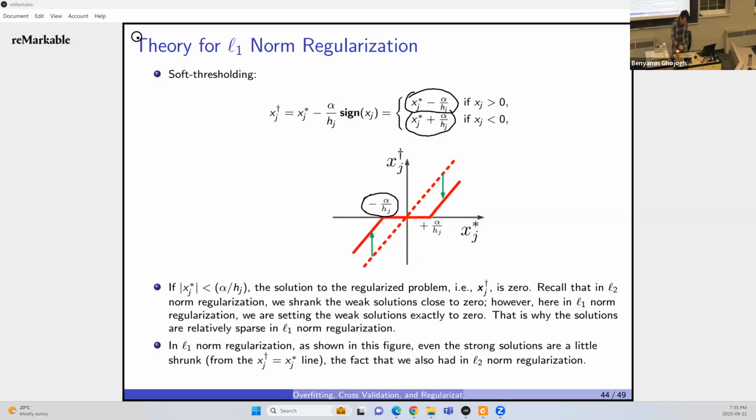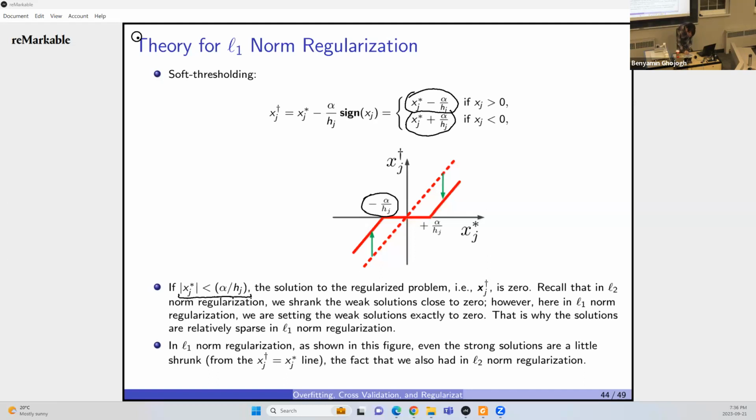Okay. Now, this is the relation between xj dagger and xj star. What was xj star? The minimizer of the actual cost. What was xj dagger? The minimizer of the regularized cost with the L1 norm. Can you analyze this? So let's consider these two cases.